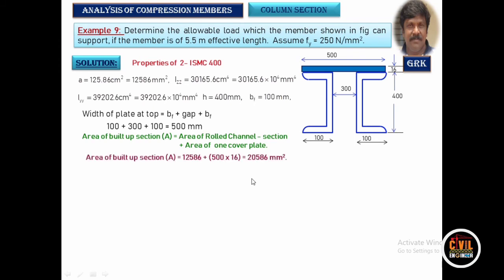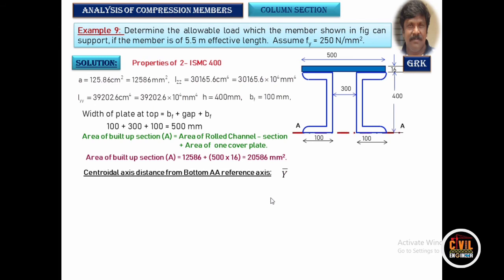This is the total area of the complete built up section. Now we have to find out the centroidal axis for this one, which is very important. Note the difference between the earlier problems and this problem, and do practice so that you can learn the different types and the ways of analyzing the problem.